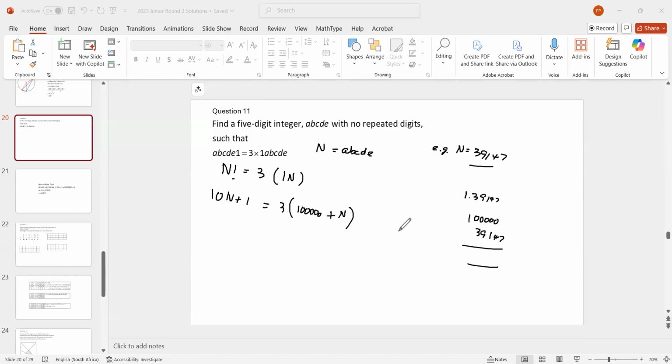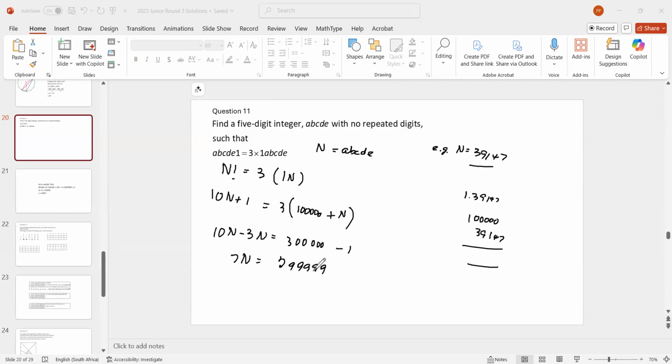Okay, so that gives you an equation in n. Let's bring all the n's to one side. 10n minus 3n is equal to 300,000 minus 1. Bring the 1 to the other side. Here you have 7n equals 299,999.